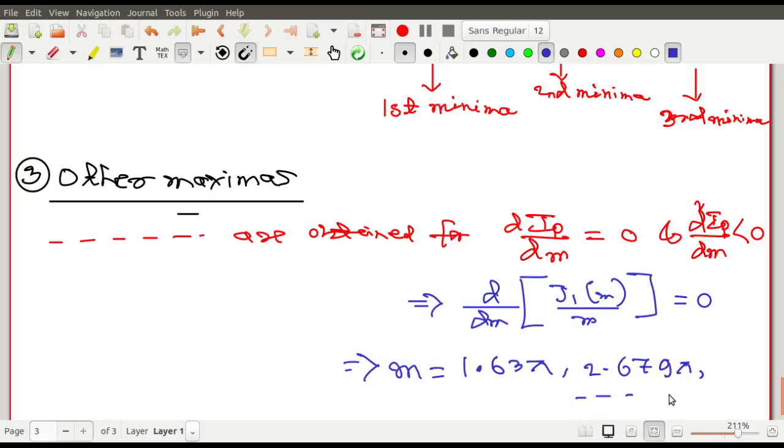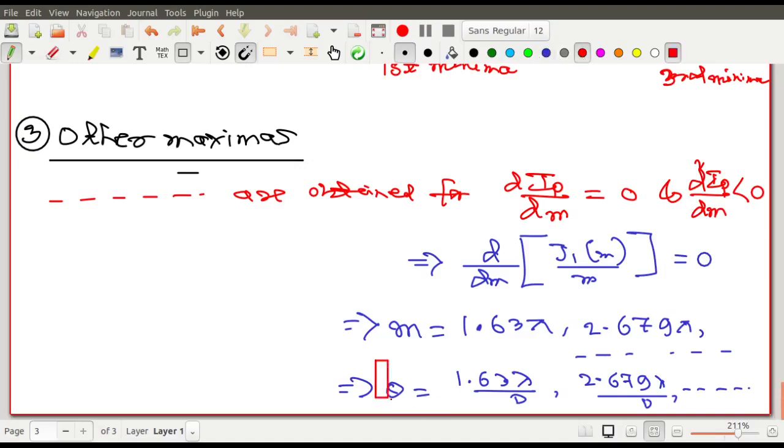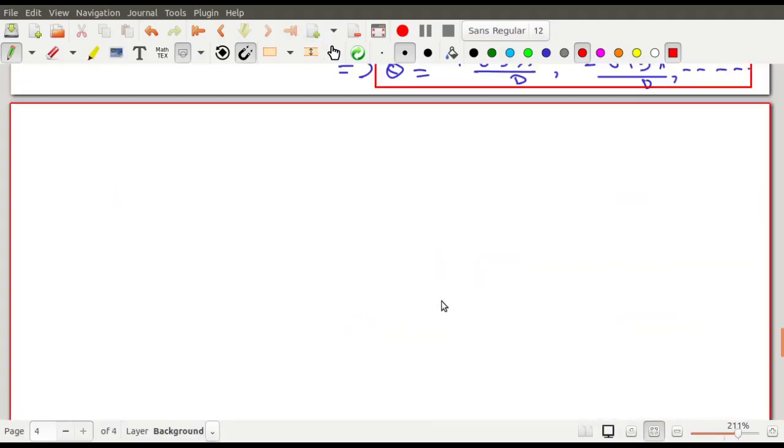So these are the different values at which you will obtain the maxima, or you may say the theta values are, বা বলতে পারো এখানে করসপন্ডিং থিটা ভ্যালুগুলো ওই আগের মতই, it will be 1.63 lambda by 2d, 2.679 lambda by 2d, and so on. At these particular thetas you will get the other maxima.